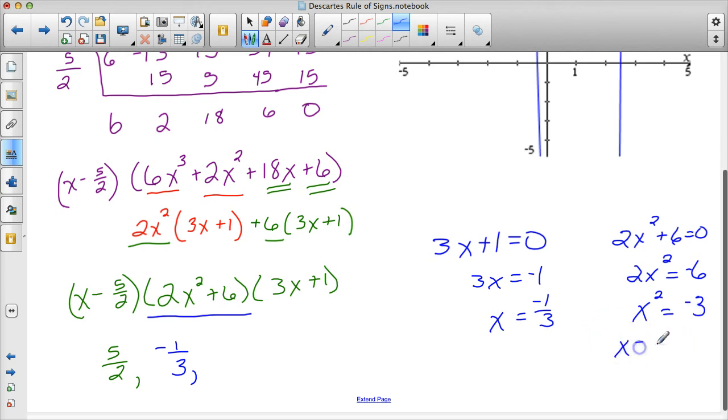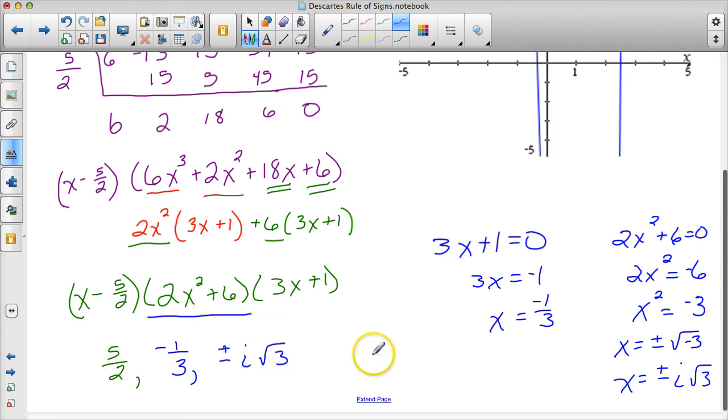So x equals plus or minus the square root of negative 3. That's an imaginary number. x equals plus or minus i times the square root of 3. Remember that the square root of negative 1 is equal to i. So now I have my other two solutions, plus or minus i times the square root of 3.